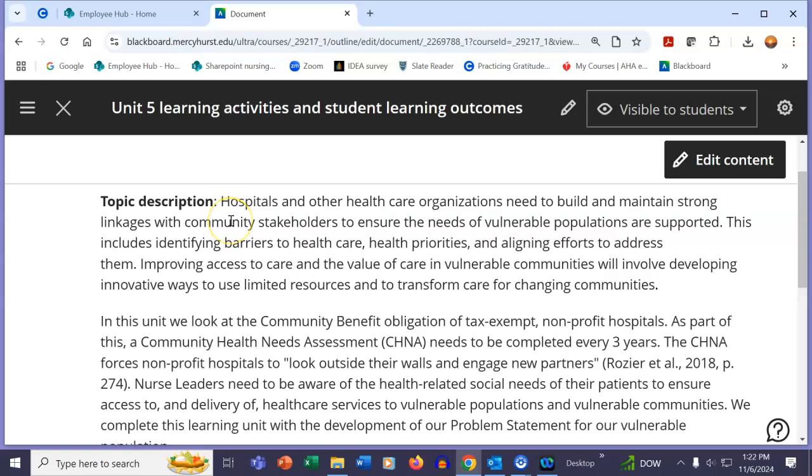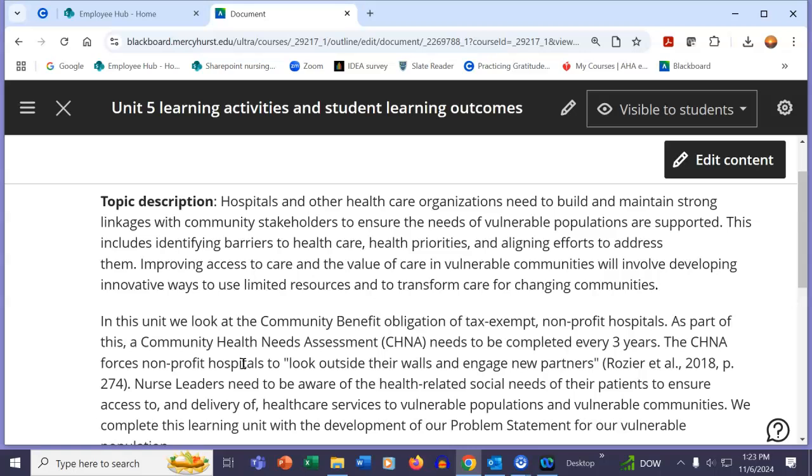You can read the topic description, but I want to talk more about how we're really going to take a strong, focused look at the community benefit obligation that all tax-exempt nonprofit hospitals have.